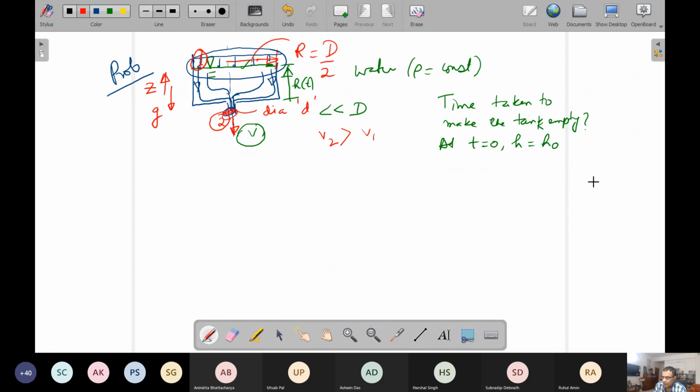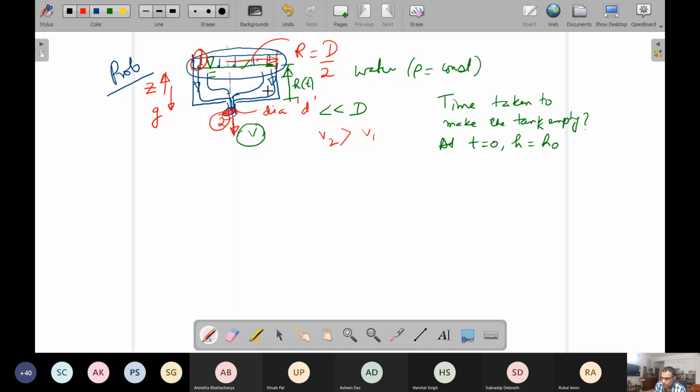So again, it doesn't matter whether within the tank viscous effect is important or not, but we are applying it between 2 points 1 and 2, where the sections involve uniform velocity profile and therefore no shear stress. And in that way, you can use the Bernoulli's equation.